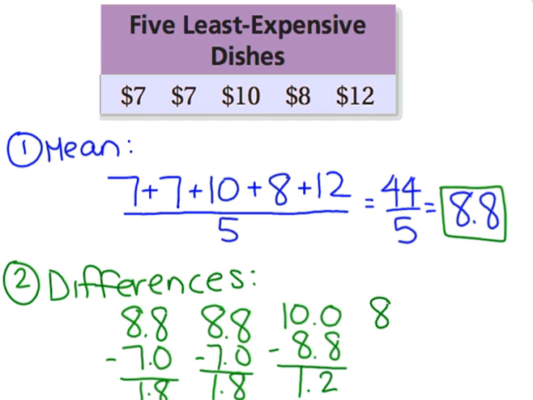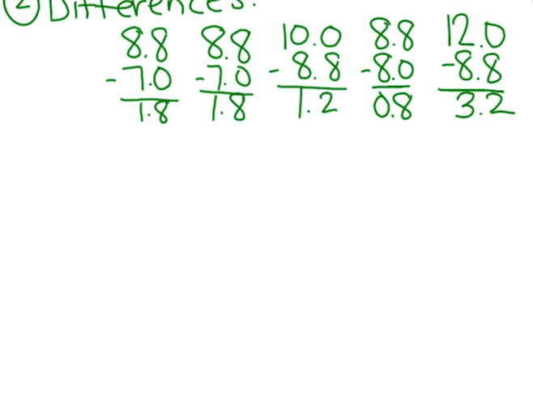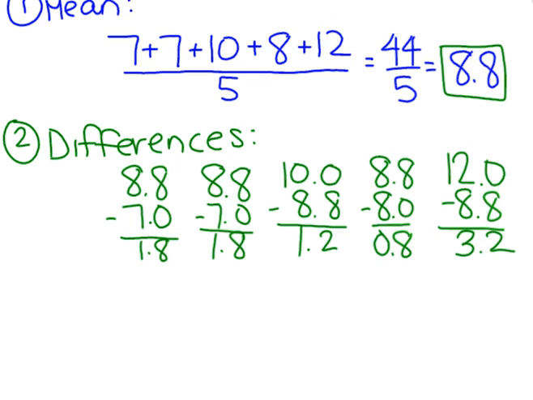Then we're going to subtract 8.8 minus 8 to get 8 tenths, and then finally 12 minus 8.8 to get 3 and 2 tenths. So the important part is just making sure decimals are lined up, and then we're going to go ahead and find the mean of those numbers.